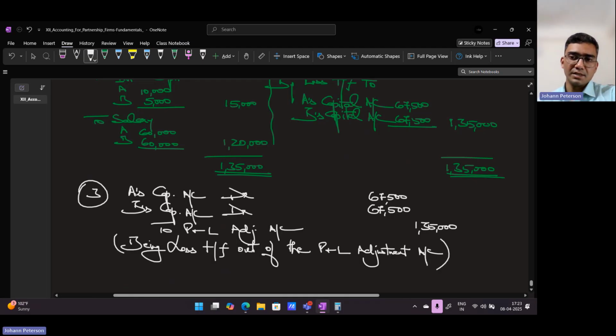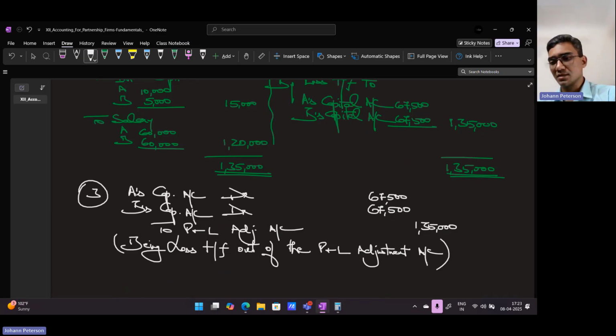So these three entries have to be passed in this case because we are passing entries for each and every error or each and every omission. So we'll stop here. This was our concept also. So we have gone through this concept. You may practice more questions, see whichever questions are difficult, and get a fair idea of the different variety of questions that could be there in this topic.